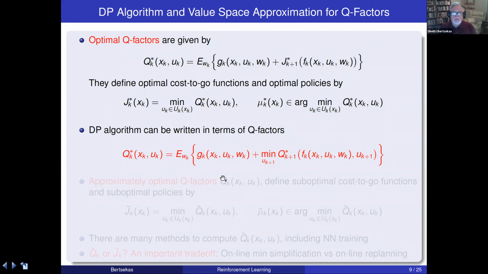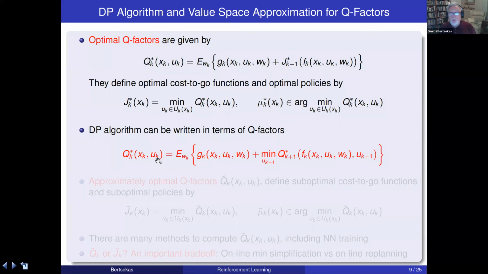Okay, so here's the definition of the optimal Q factor. If I plug in this expression for J_{k+1} star, then I obtain this algorithm here. So this is an equivalent form of the dynamic programming algorithm written in terms of Q factors.